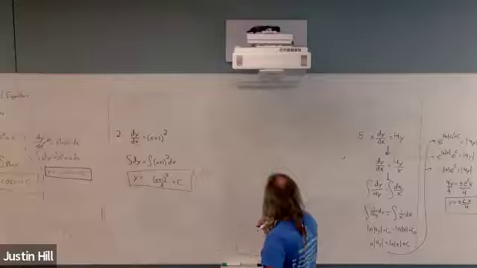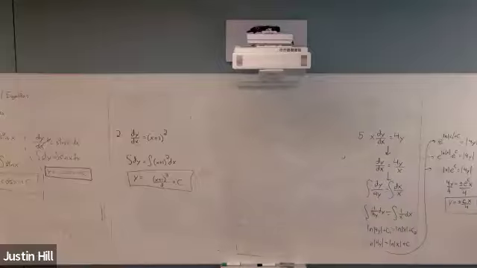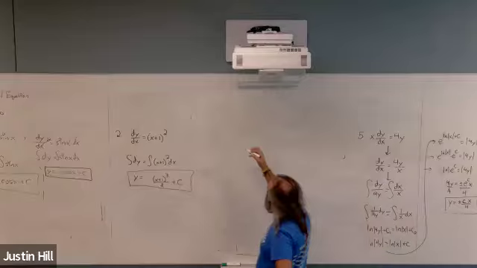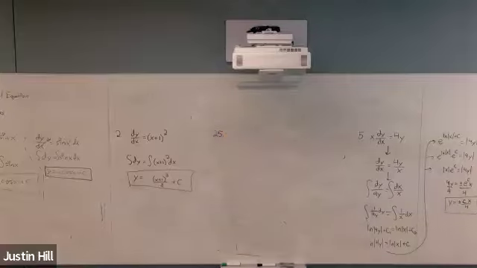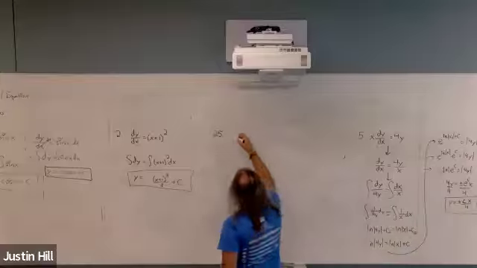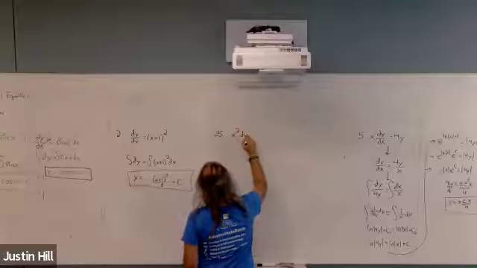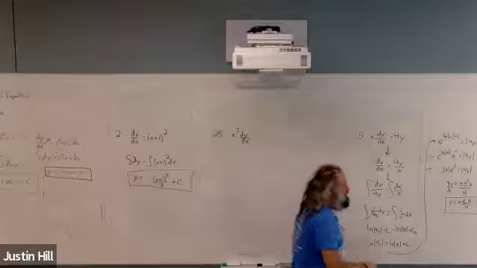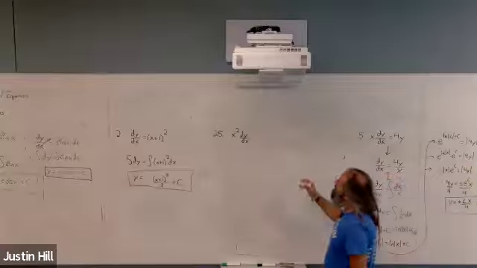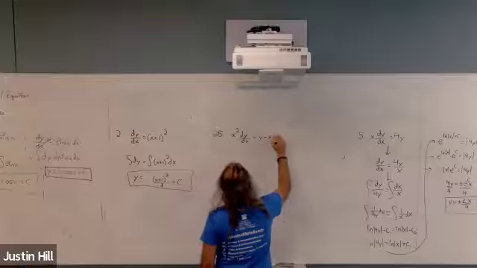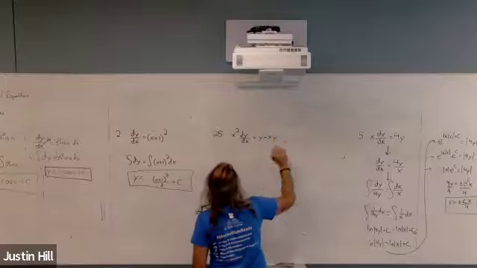So I think what we'll do is this is 25. x squared dy/dx = y - xy. Good. So that'll be our differential equation we're solving.